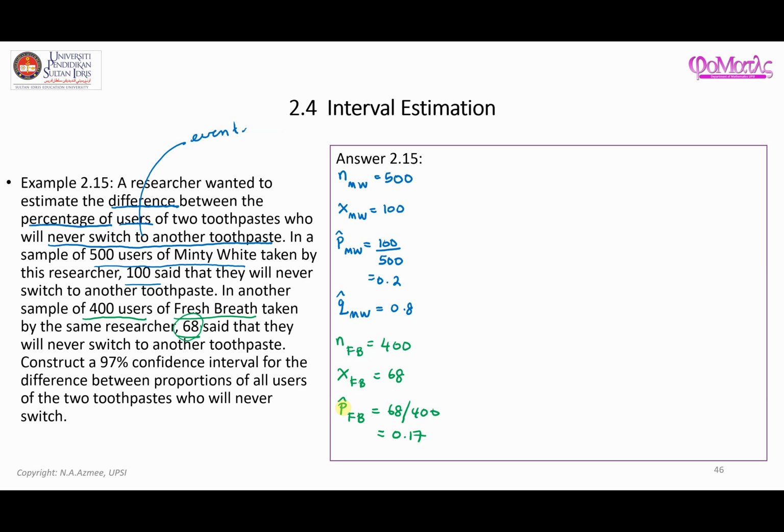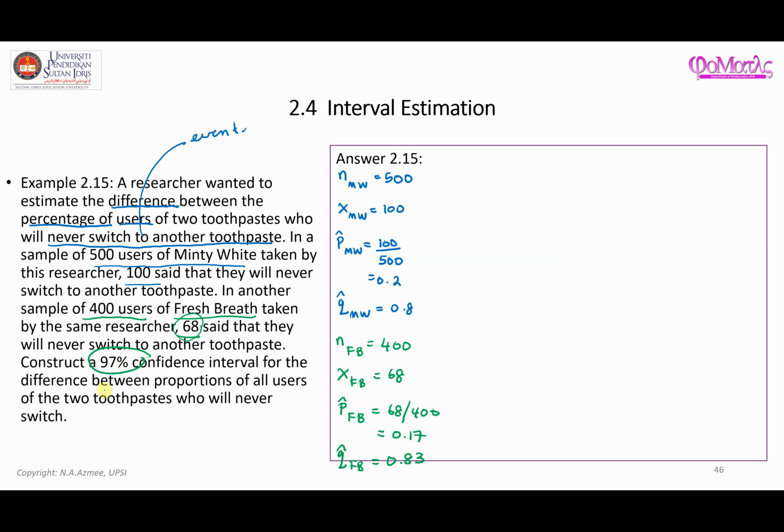And since we know the sample proportion p hat, we can determine the value of q hat for fresh breath, which is 1 minus 0.17, and this is equal to 0.83.